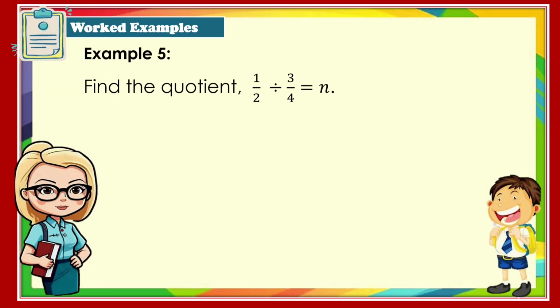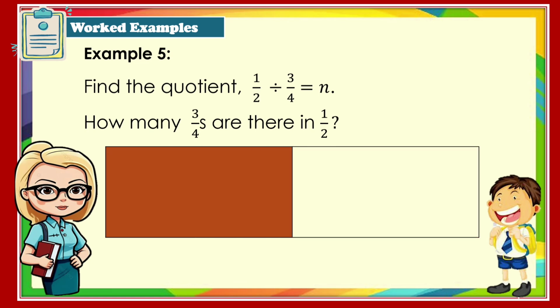Example number 5. Find the quotient 1/2 divided by 3/4 equals n. So how many 3/4 are there in 1/2? Okay, so look at the illustration. We divided this into 2 equal parts, and 1 part is shaded, that represents 1/2. And then we will divide this into 4 equal parts.